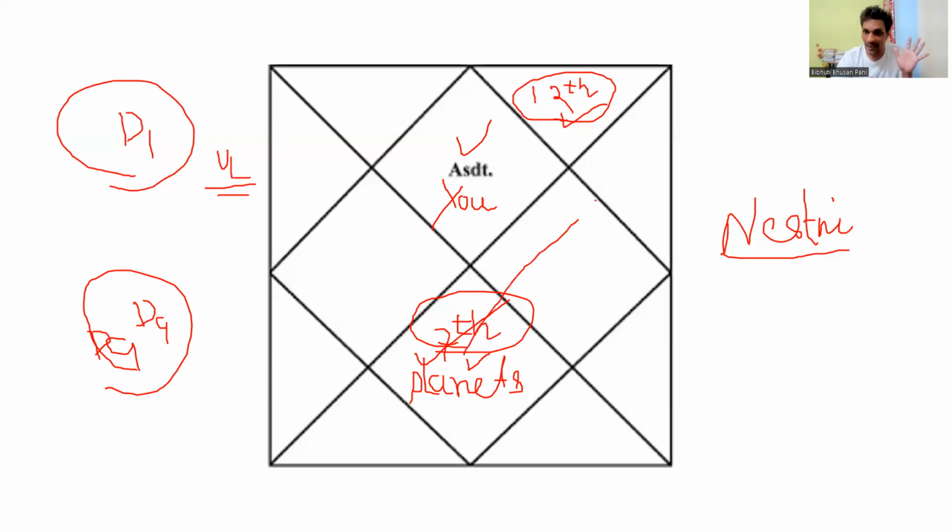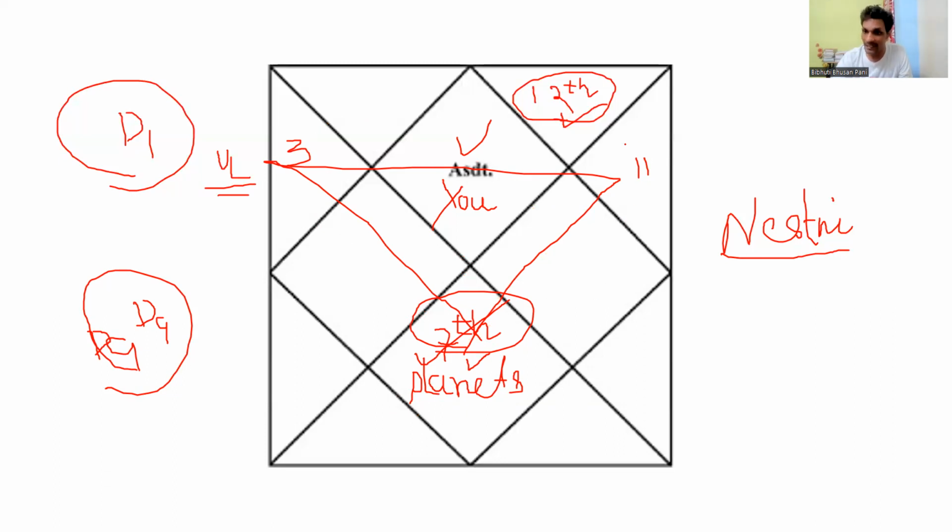Along with that, the trine houses, that means the 11th house and the third house, will also give you marriage because these are the trinal houses. This will help you to get married.